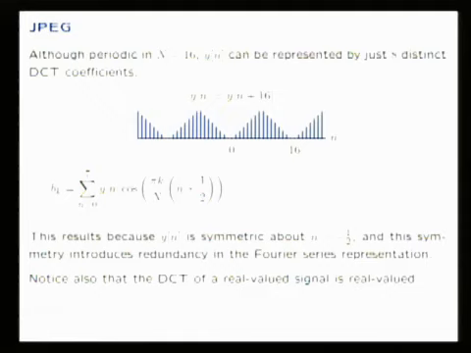That's the DCT. It's exactly the same as a Fourier, except that we're taking the 8 non-trivial numbers and putting them together in a funny periodic fashion. That's what a DCT does. And the point is that the DCT maps 8 real numbers, which are these yn values, into 8 DCT coefficients.